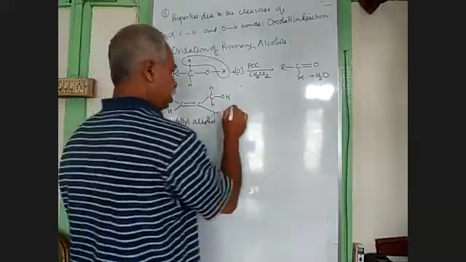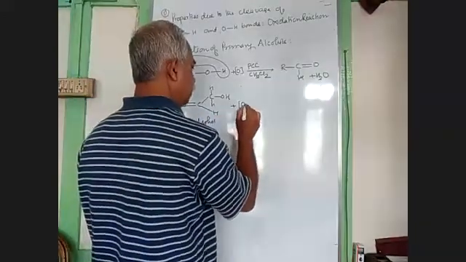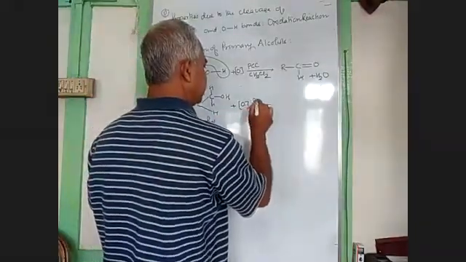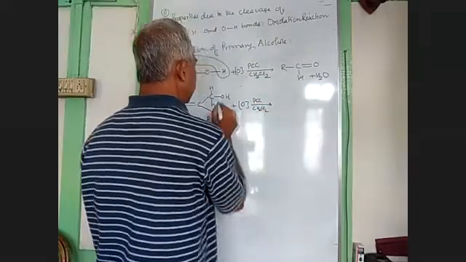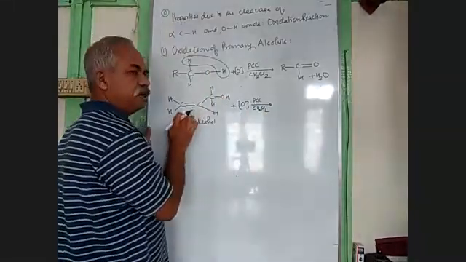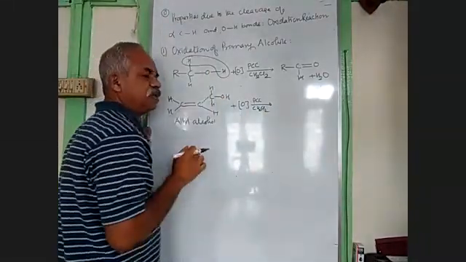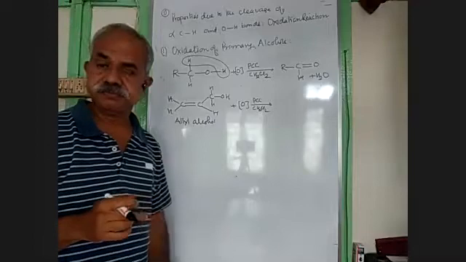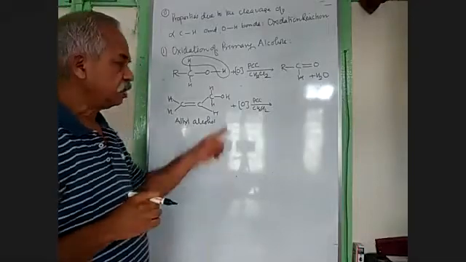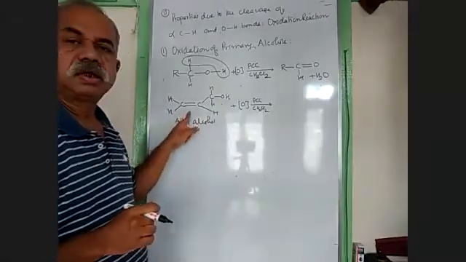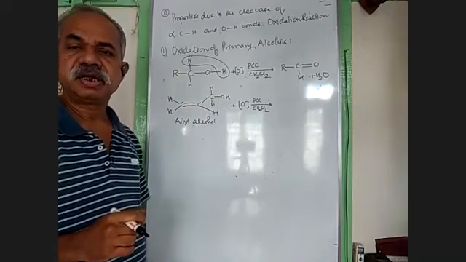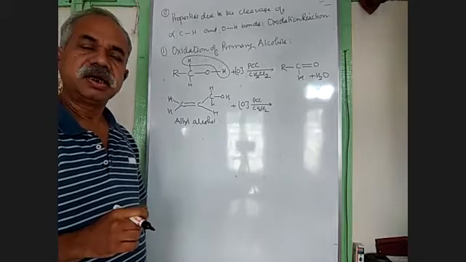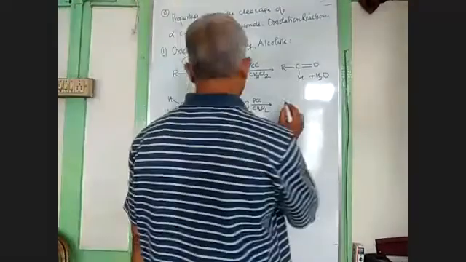This one, if I oxidize with PCC, you will find only this portion will oxidize, this will not be oxidized. So this type of reagents are called regioselective. That is, it is active in this region, it is not active in this region. So PCC is a regioselective oxidation.